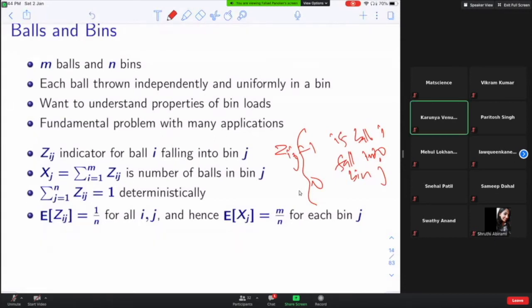So Xj will be equal to the summation over Zij. j is fixed and I need to vary i over the m balls. Is the first ball landing in bin j? If so, Z1j is equal to 1. If the second ball lands in j, then Z2j is equal to 1. So Xj is equal to the summation over i going from 1 to m of Zij.